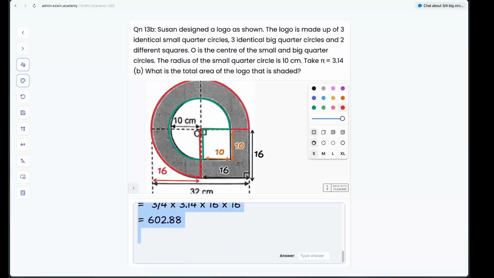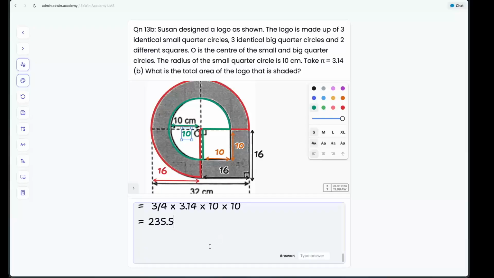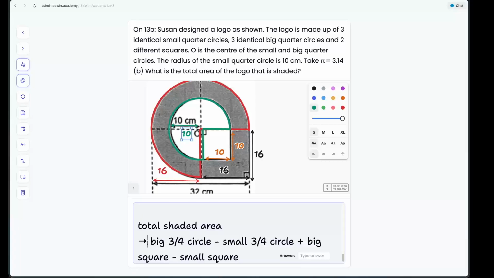Then we can get the 3/4 small circle area, which in this case is 235.5. So the total shaded area is the big 3/4 circle minus the small 3/4 circle plus the big square minus the small square.